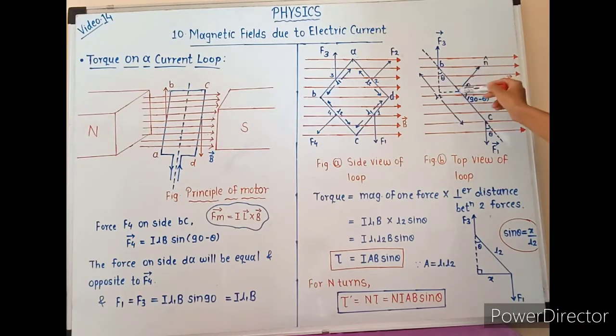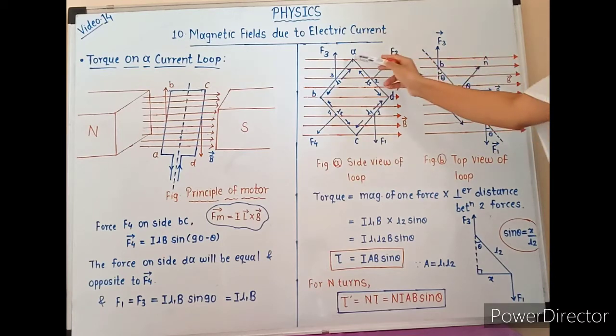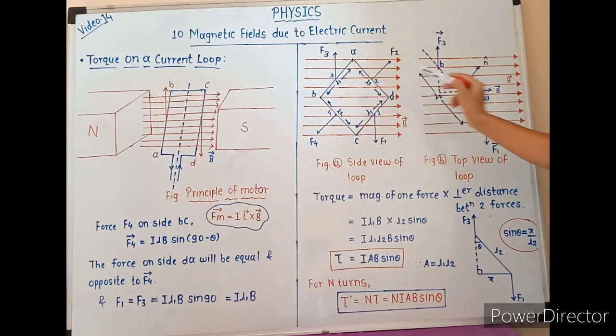Now, this is the direction vector or the area vector of the loop ABCD. This is the magnetic field B bar. Now consider the angle between this direction vector of the loop and magnetic field B bar is theta. Okay. Then the angle between this magnetic field B bar and segment BC is 90 minus theta.